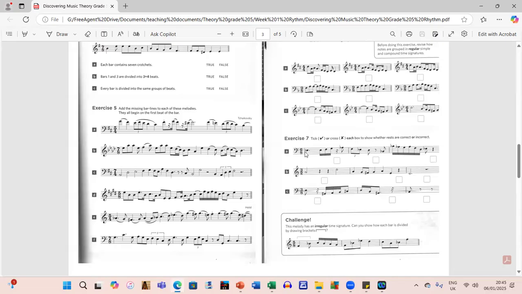So in compound time, where there's a duplet, it's saying we want two notes spread over the same value as three. That would give you enough beats in that bar.